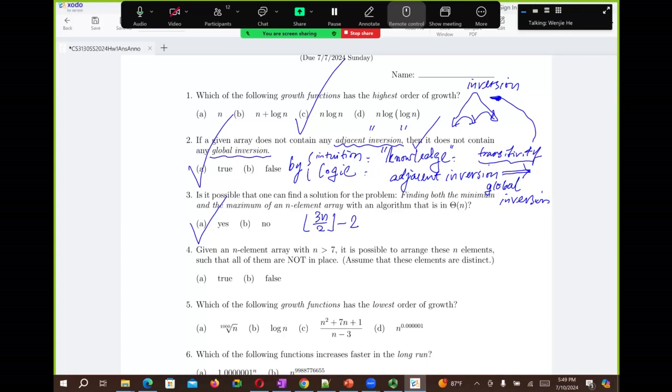So you can see, to consider if this algorithm is in big theta of n, here I use this chance to check your understanding of big theta notation. So very simple question. But it's easy because we can drop the minor term, right? Minus 2, we can drop the minor term.